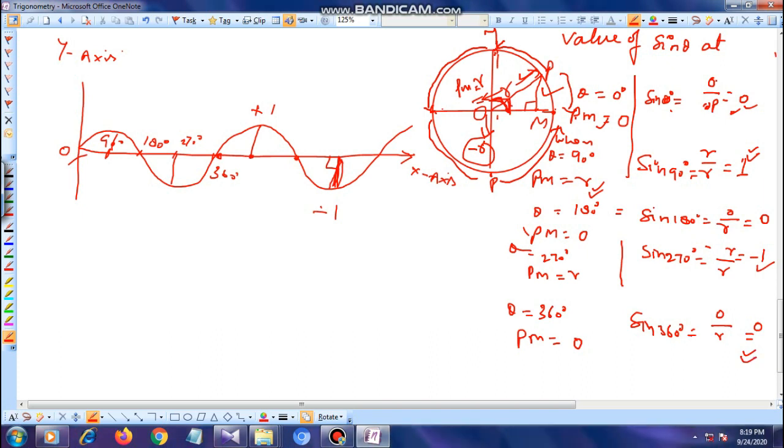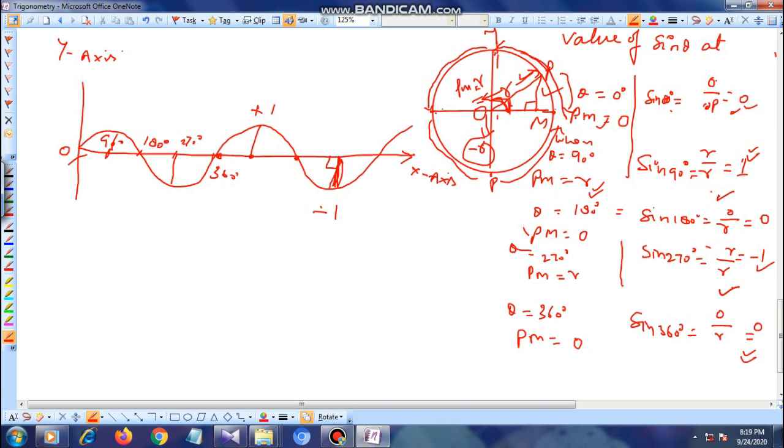So now I hope you understand very well why the value of sin 0 degree is 0, sin 90 is 1, sin 180 degree is 0, sin 270 is -1, and sin 360 is 0. The value of the sine function sin theta lies between +1 and -1. In this graph we observe that the value of the sine function is +1 and -1. So the maximum value is +1 and the minimum value is -1.